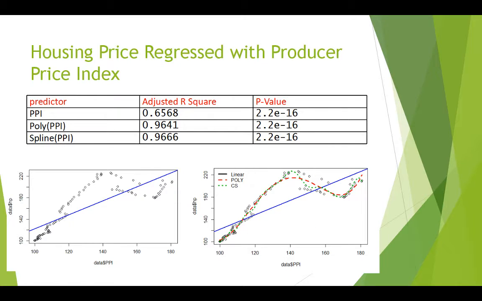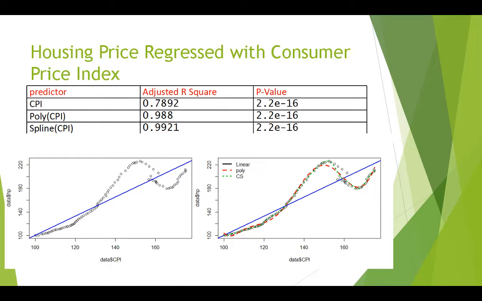As for the producer price index, the PPI has a positive impact on the house price, similar to inflation. With other goods' prices increasing, the house price is increasing too. The result shows the polynomial model and spline model are the same on R-square. The next variable is the consumer price index, which is similar to PPI and is included in the economic factors to find out more significant variables.